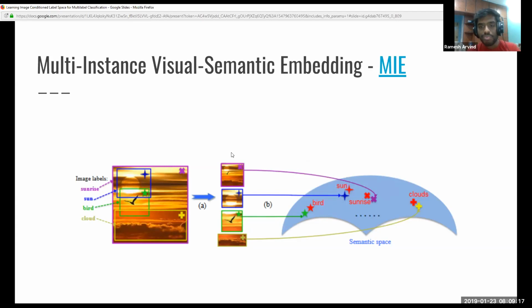So if your output is sun, the 300-dimension sun vector that your model outputs and the true word-to-vec embedding of sun, the distance between those two vectors will be minimized, and the distance to, say, clouds or any of the negative labels will be maximized. Again, this is also a pairwise loss function.